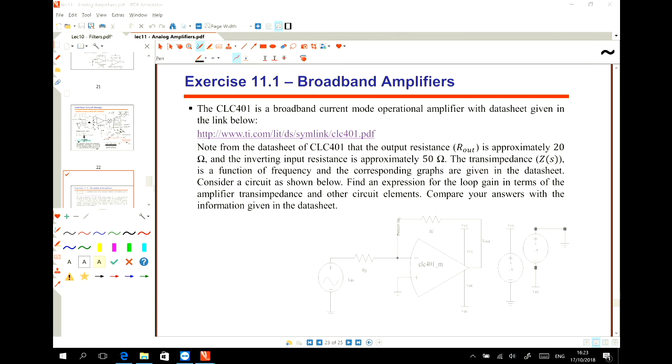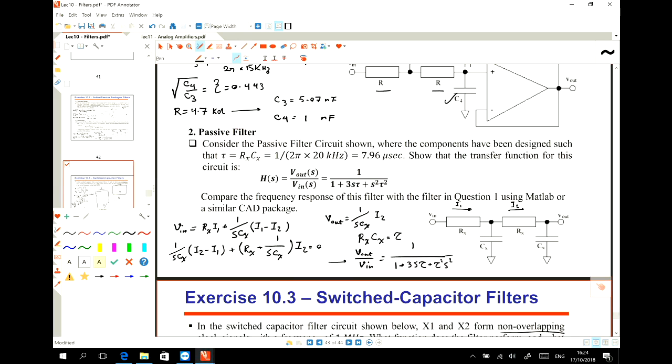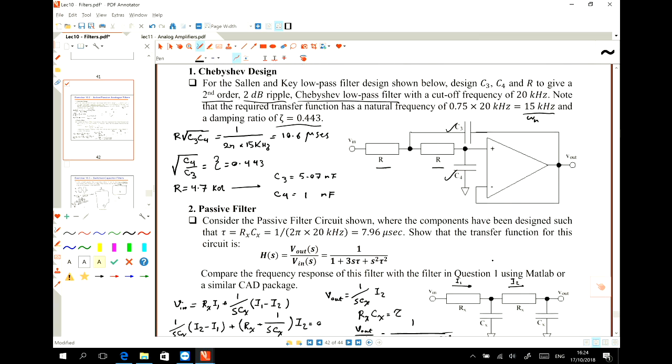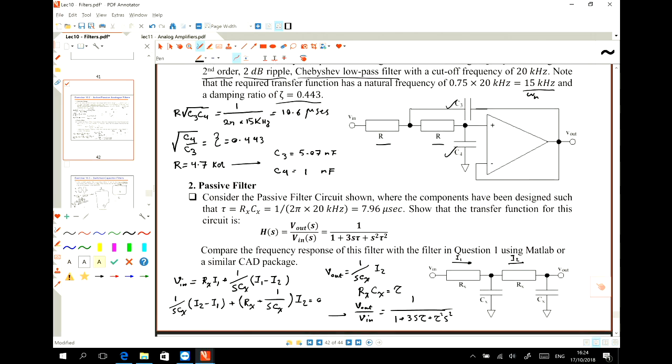Okay, shall we continue? So one thing that I forgot to mention here: if you look at the transfer function of this filter, I showed a comparison between the Salen-Key and Chebyshev filter and then two just cascaded first order filters.